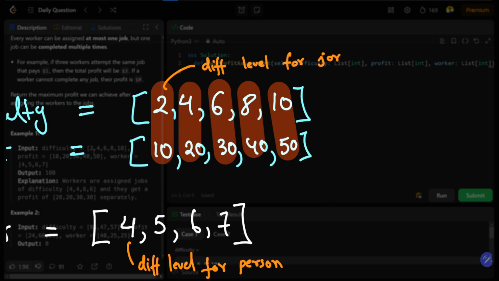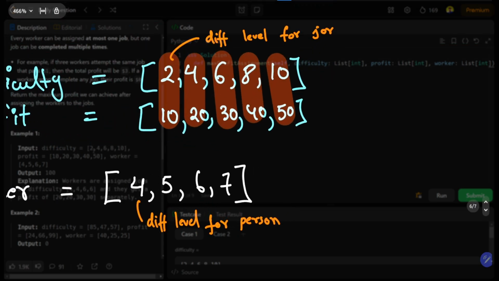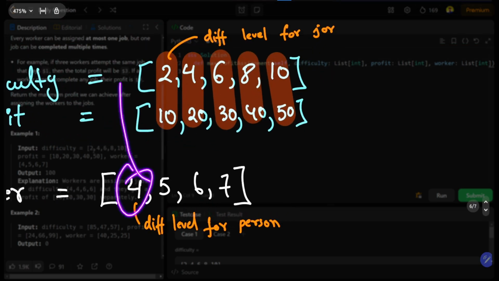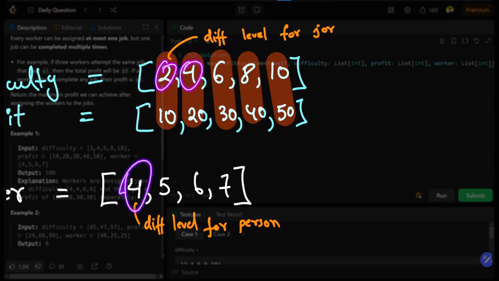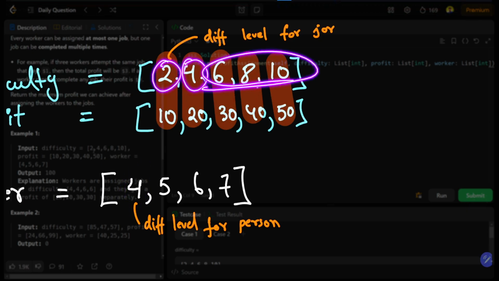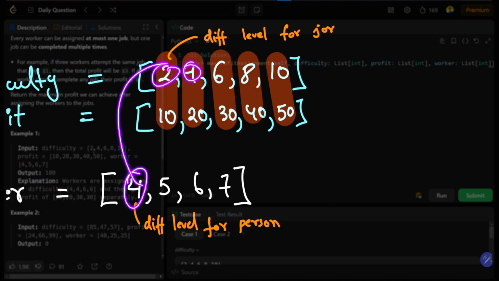So this person will check which sort of job they can do with their difficulty level. I can do this job, I can do this job, I cannot do this job. So I need to check which job under my difficulty level gives me more profit.